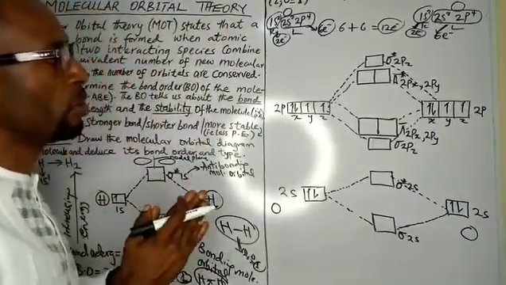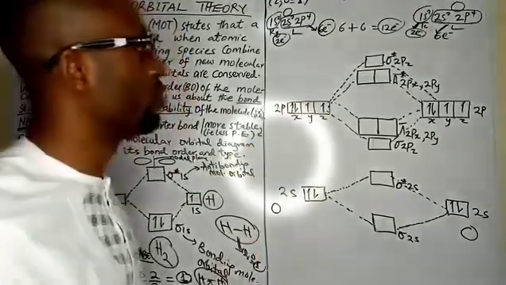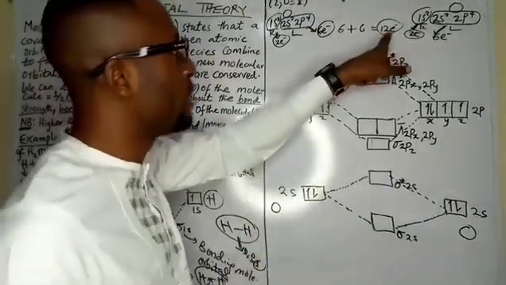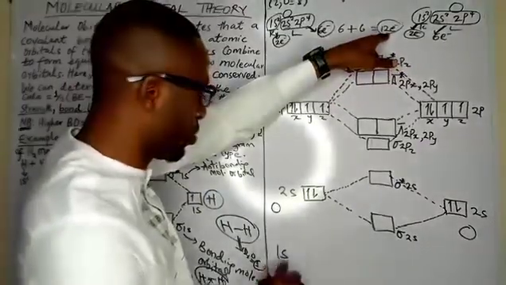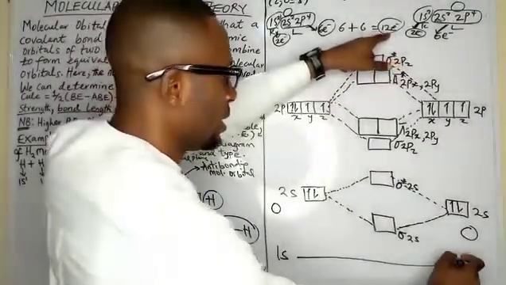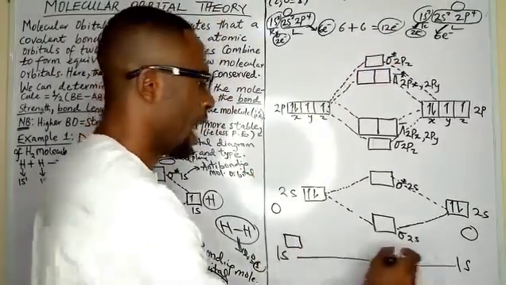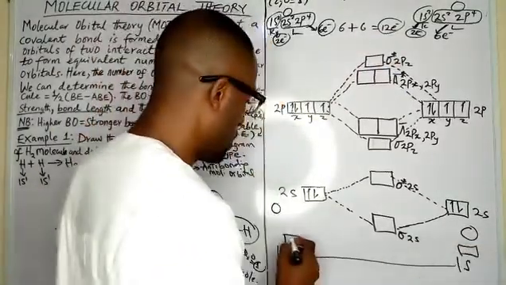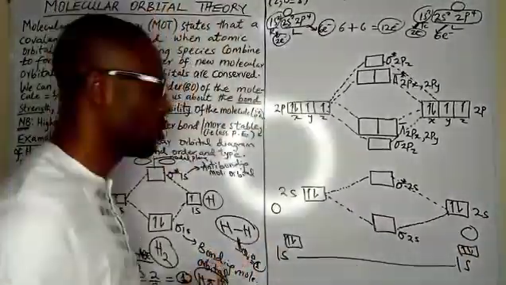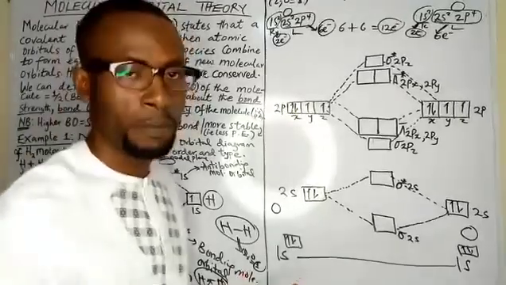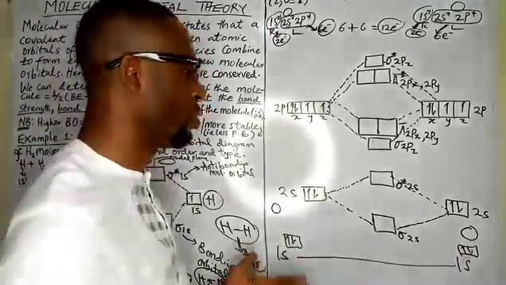Now, the next thing you are going to do when you are done with this labeling is to distribute your electrons. Recall, we have 12 electrons to work with. You know we have our 1s orbital somewhere here. We are not interested in it since the electrons in the 1s orbitals are not used for bonding. Already we know we have put 4 electrons in the two 1s orbitals, but we are not interested in those 1s orbitals.